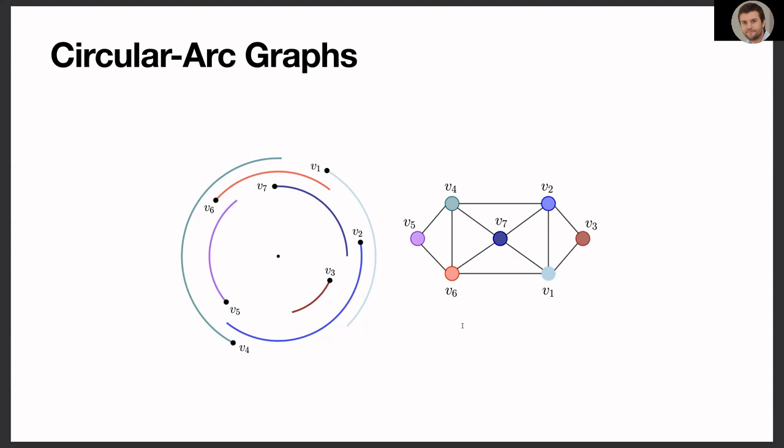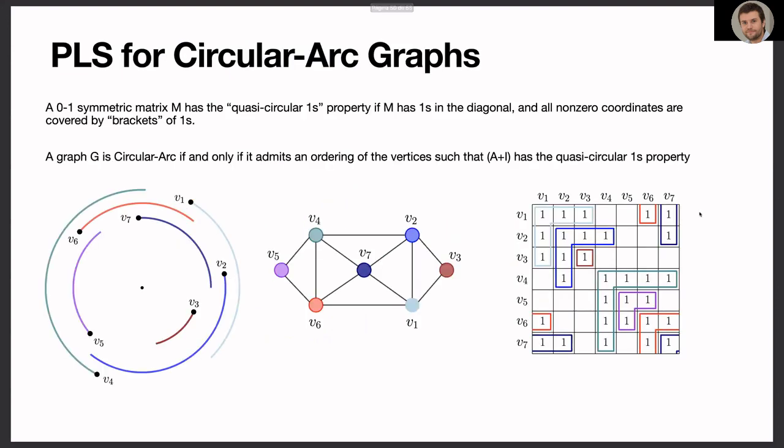And the certification of this class is quite nice. It's quite simple because there is a characterization of its adjacency matrix, which is called the quasi-circular ones property. A 0-1 symmetric matrix has the quasi-circular ones property if it has ones in the diagonal and all non-zero coordinates can be covered by brackets. I call these brackets L-shaped sequences of ones.